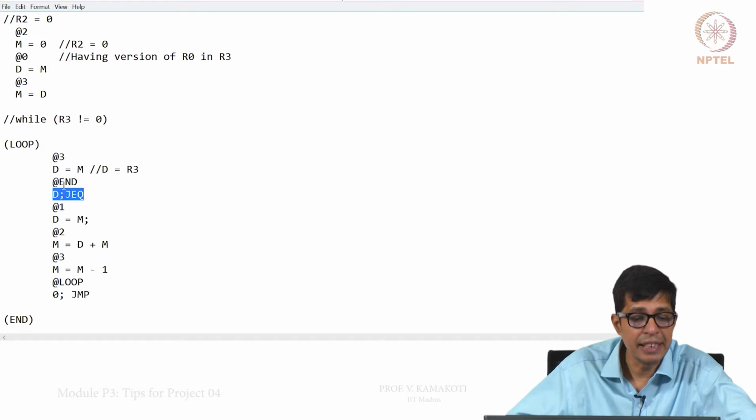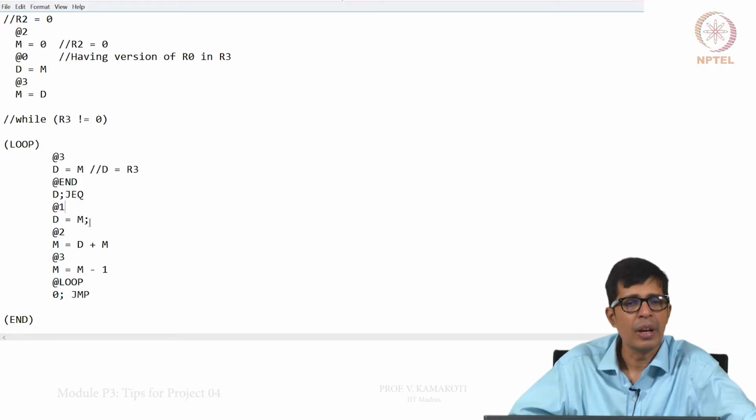If your D register, which is storing R3, is equal to 0, then jump to the address in the A register, which is END. So, I just basically jump to end if D equal to 0. So, while R3 not equal to 0 is checked here.